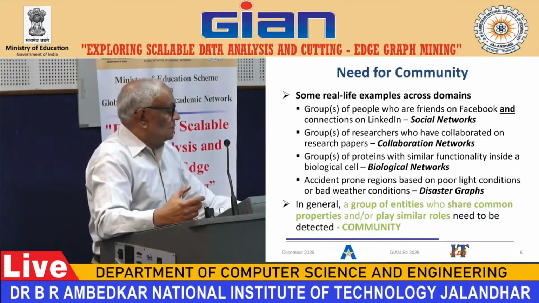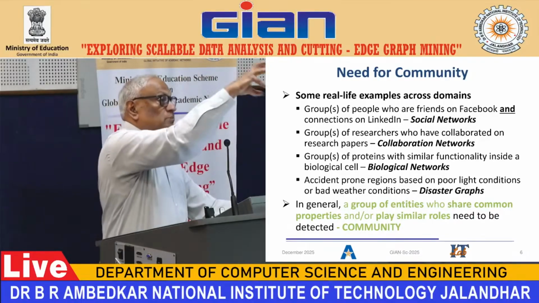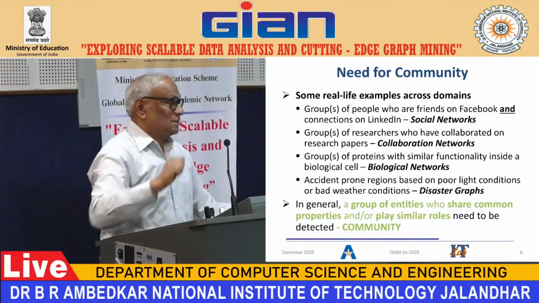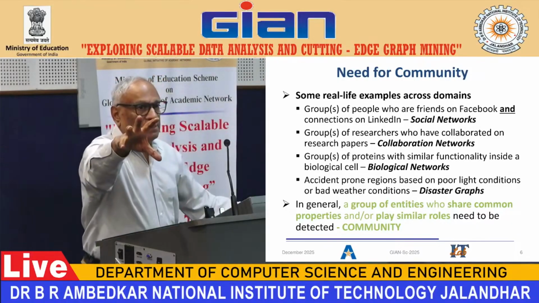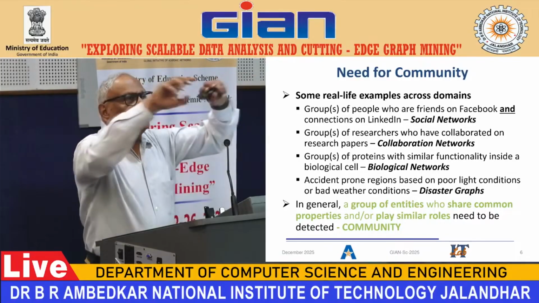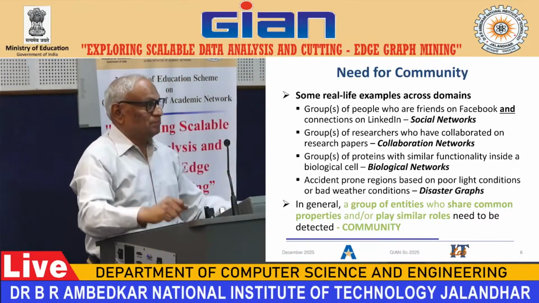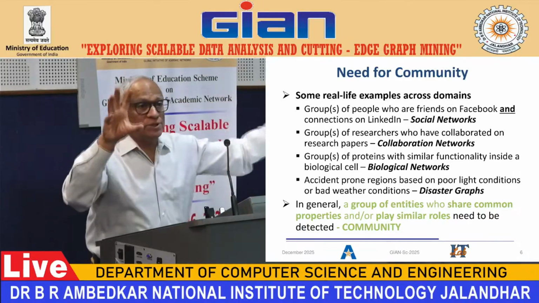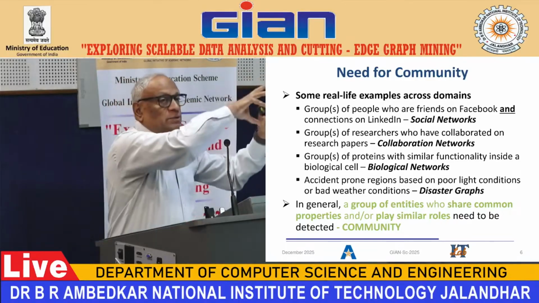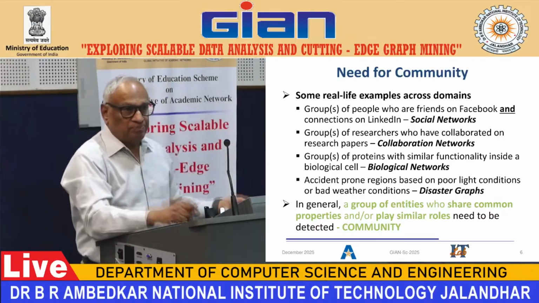Now you have to detect communities. Which group? How many nodes does it have? How many edges? The interaction between these communities is very low, with very few friend relations between them, but each community is very strong.